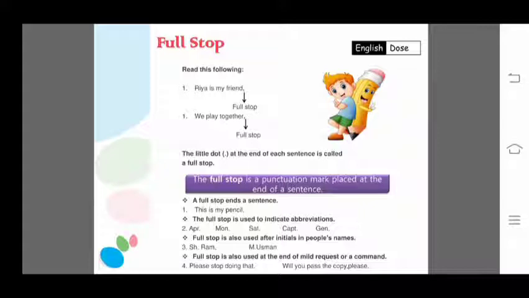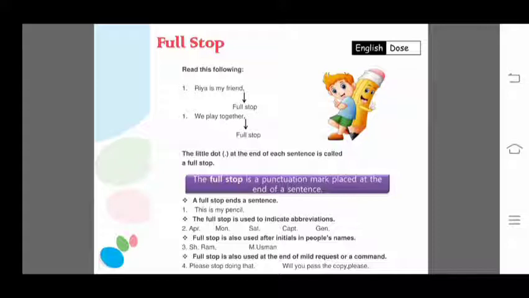So it is clear that a full stop is always placed at the end of the sentence. We cannot use a full stop at the beginning or in the middle of the sentence. Full stop is always used at the end of the sentence.